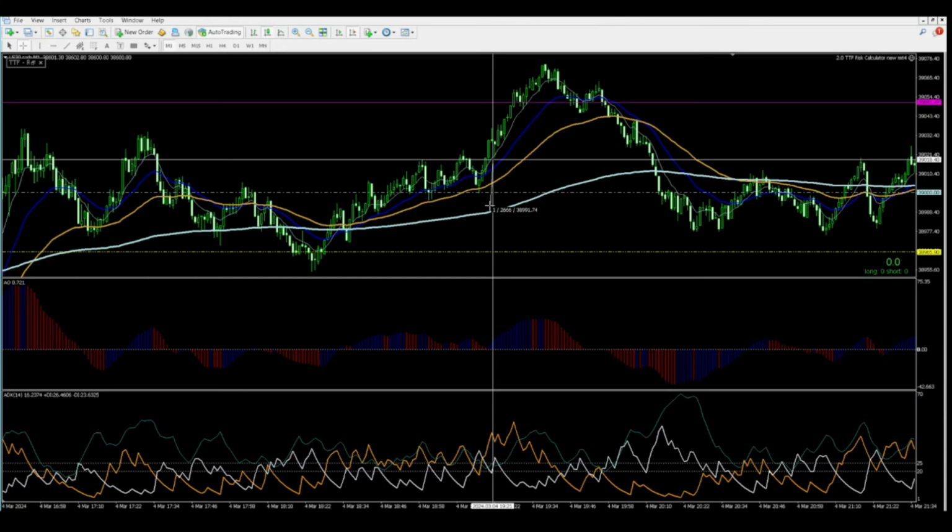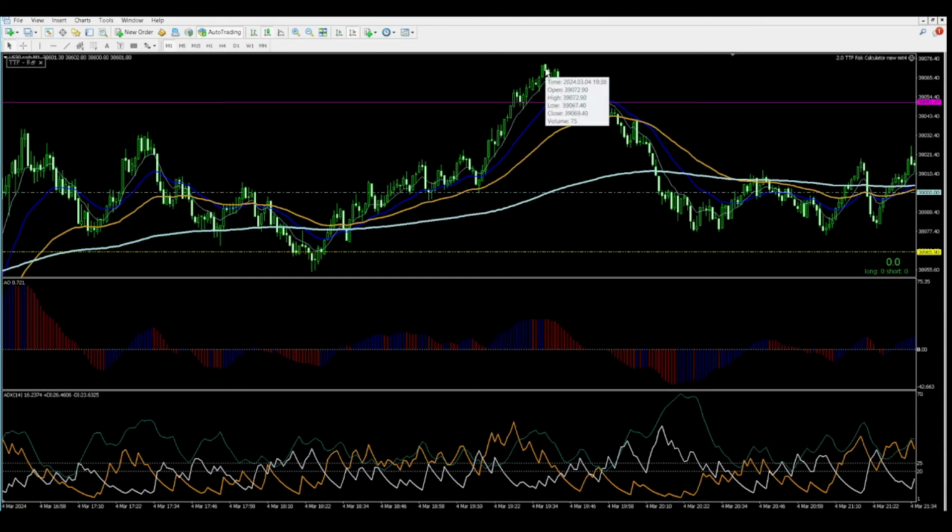Let's say I can do 30 pips, and my take profit will be set to 1.5x, so that would be 50 pips right here. I use a trade manager, so it automatically sets up the stop loss and take profit levels based on that.